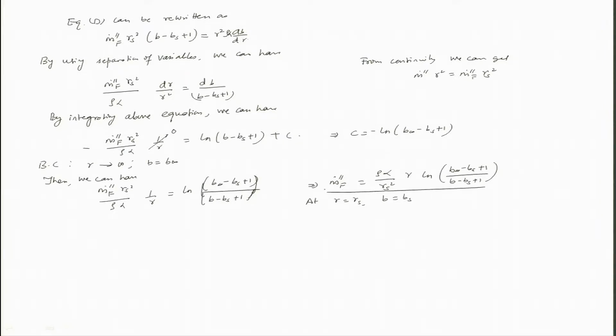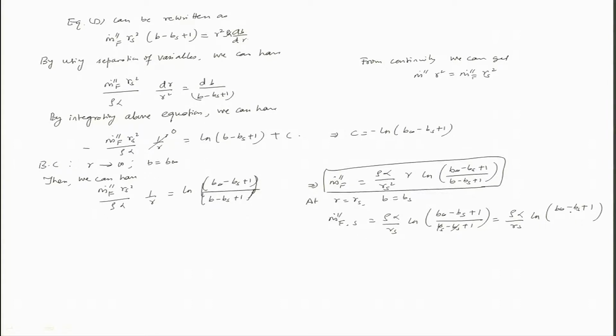This is a mass flux at different r, any r you can have, but you want to find out mass flux Fs at r equal to Rs. It will be rho alpha by Rs ln of B infinity minus Bs plus 1, and the denominator will be basically 1, because B becomes Bs, so B minus Bs plus 1, this is 0 in the log. So, this is nothing but your alpha by Rs ln of B infinity minus Bs plus 1, right, this much you are getting.